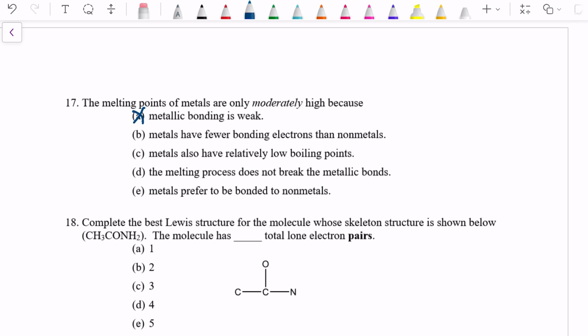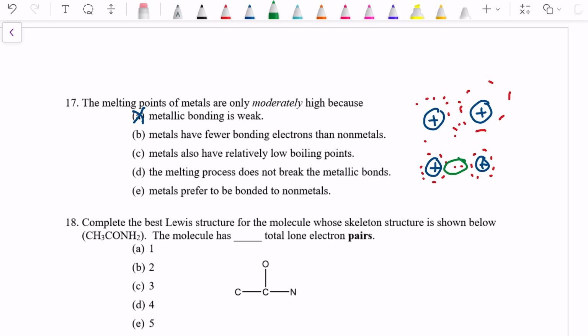If we think of the bonding model, metals typically form these ion cores, and then there's a sea of electrons that are free to flow around between the ion cores, as opposed to the non-metal model where maybe you have your inner energy level, and then there's 2 electrons that are being shared in an orbital. My point is that there's a lot of bonding electrons here, so it's not B.